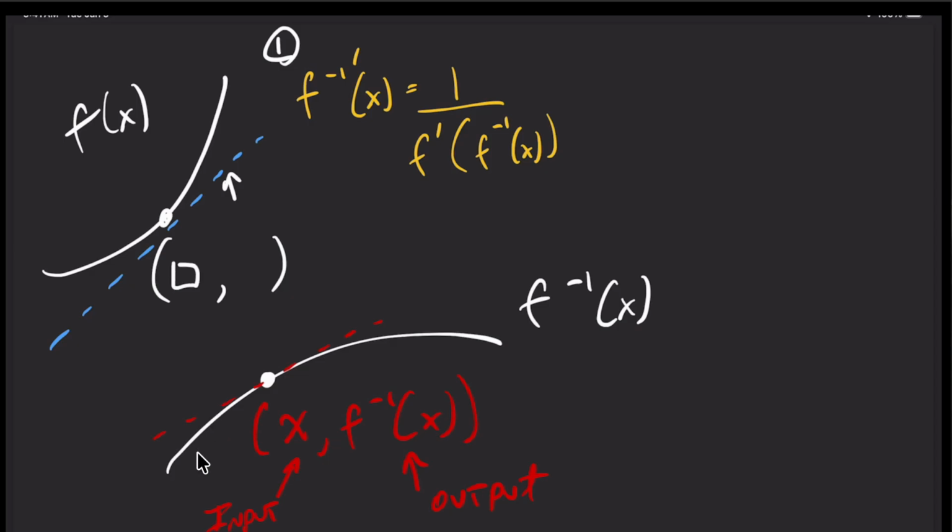What is the x value here? What is the input value here? None other than the output value on the inverse function. So if you take f prime of this, you're going to get the slope at the blue line, and then to get the slope on the red line, you just take the reciprocal. This here is the output on the inverse graph.